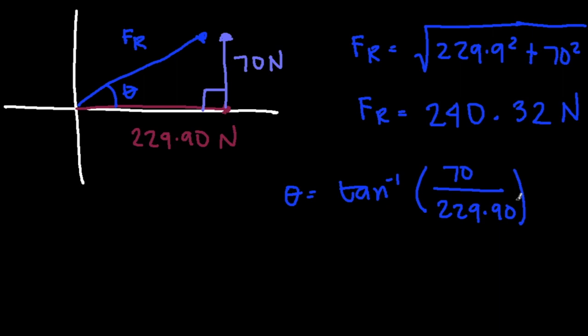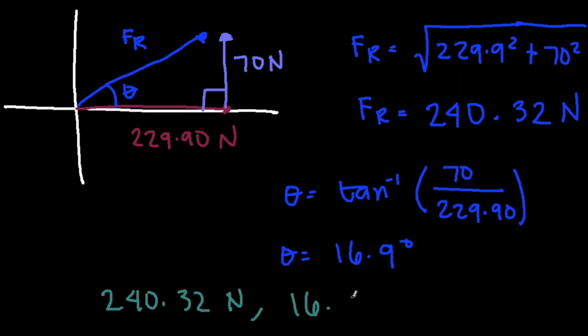We have theta is equal to 16.9 degrees. So your final answer should be reported as 240.32 newtons with an angle of 16.9 degrees relative to the positive x-axis. So that's it. Very easy, right?